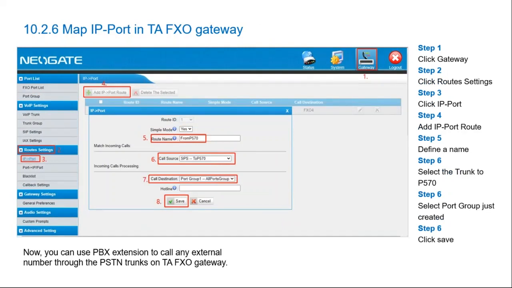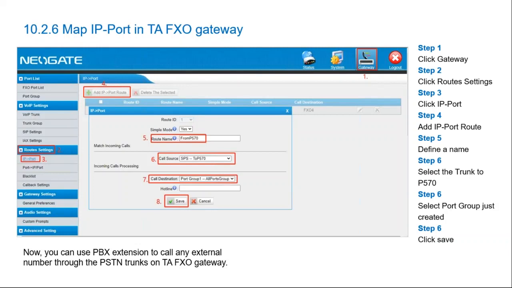So you guys can see this is quite clear. We call it IP to port, port to IP. Now we need to create a rule for IP to port. We need to handle some data transmission sent from the SIP trunk, and send this data transmission to the outside through the analog channels. So that will be IP to port, right? For the route name here, you can probably call this from P570. Then the call source will be the SIP trunk you created before. Then the call destination will be the port group.